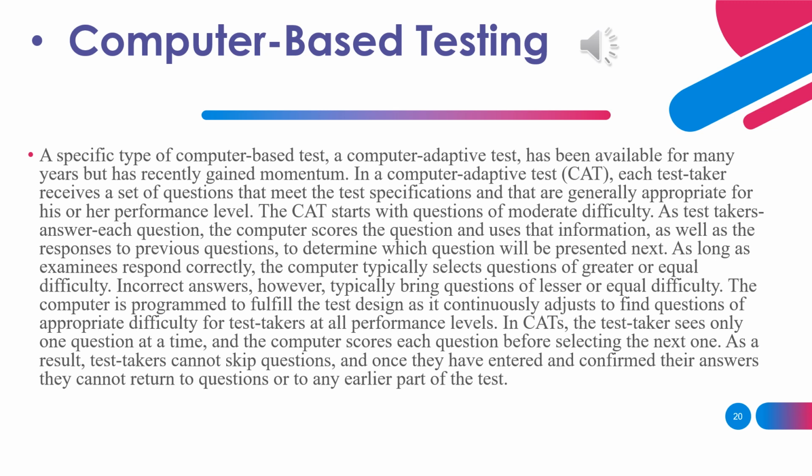In CAT, the test taker sees only one question at a time, and the computer scores each question before selecting the next one. As a result, test takers cannot skip questions, and once they have entered and confirmed their answers, they cannot return to questions or to any earlier part of the test.